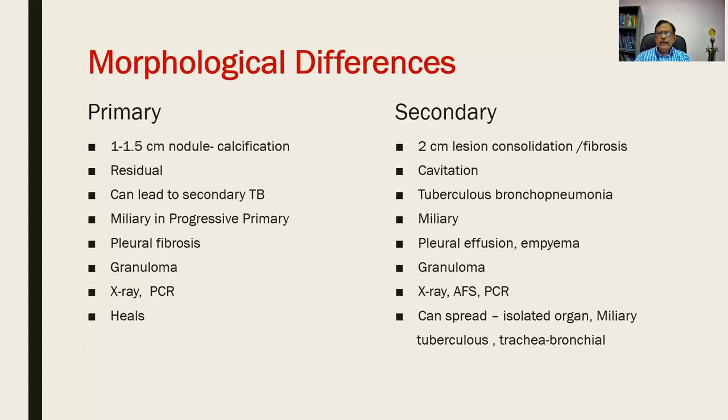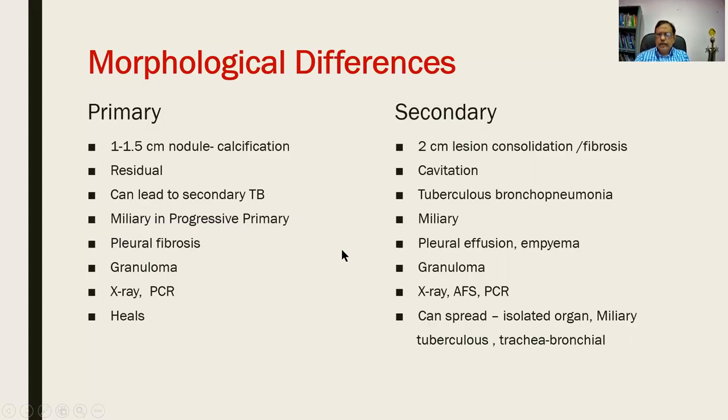But then, what are the pathological differences? In primary, 1 to 1.5 centimeters subpleural, whereas it is 2 centimeter apex. So it gets fibrosed or calcified. Here you get a cavitatory lesion. There can be a tuberculous bronchopneumonia. Miliary tuberculosis is common in both.